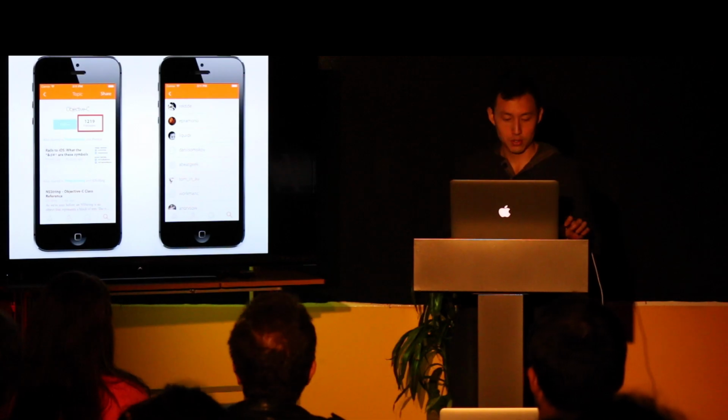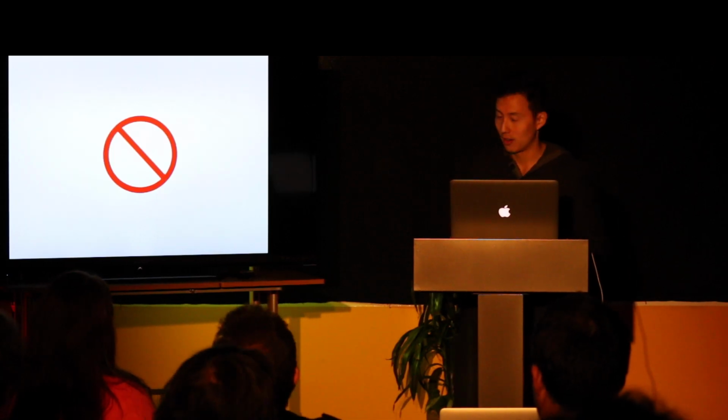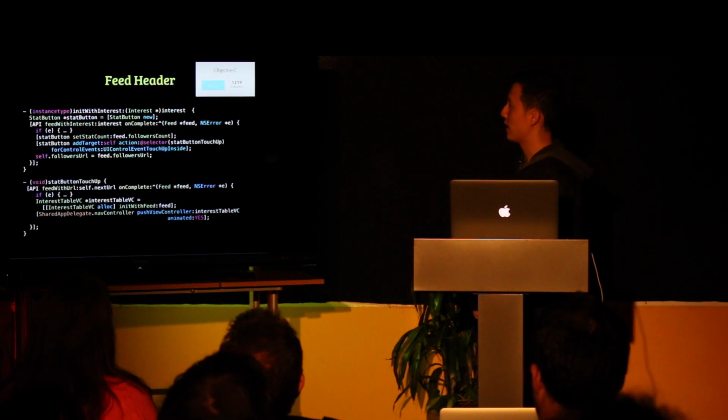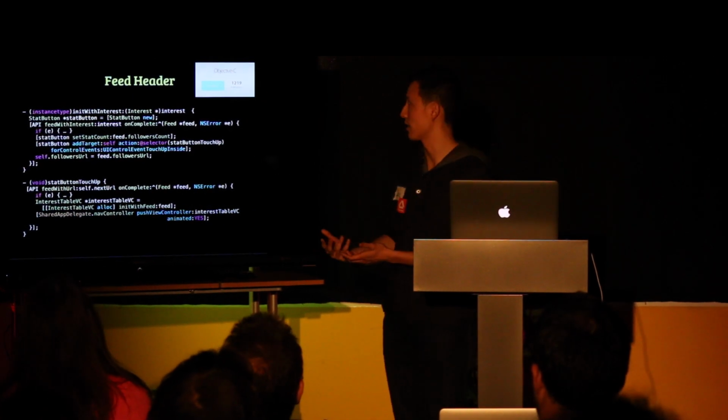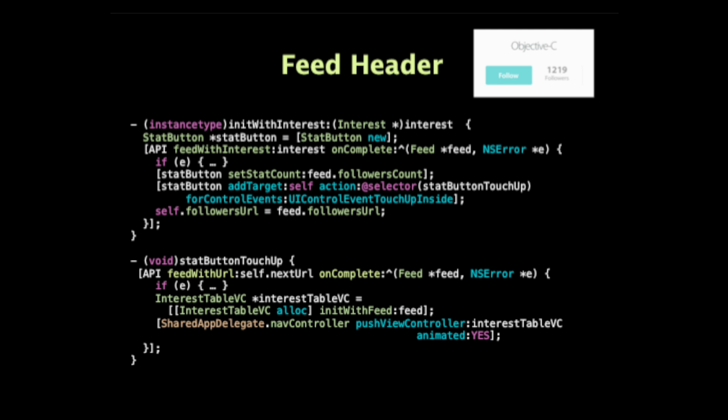So how shouldn't you implement this feed header? I want to focus on this button, actually. You might be tempted to do something like this, right? In the constructor of this feed, you give it an interest, and you instantiate this button. Then when you get the interest, you make the API call, you wait for the data to return, and then you populate the number of followers you have here, right?